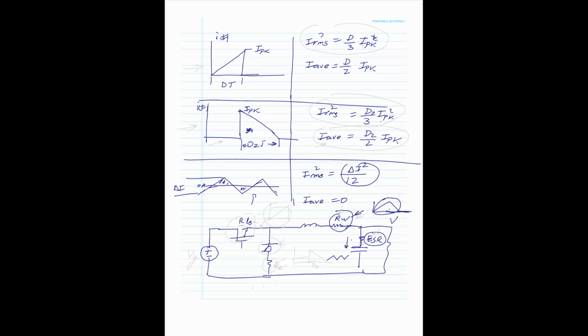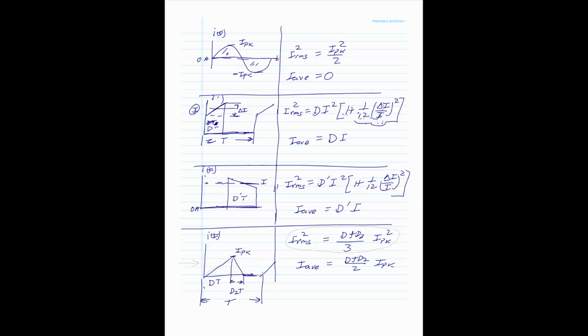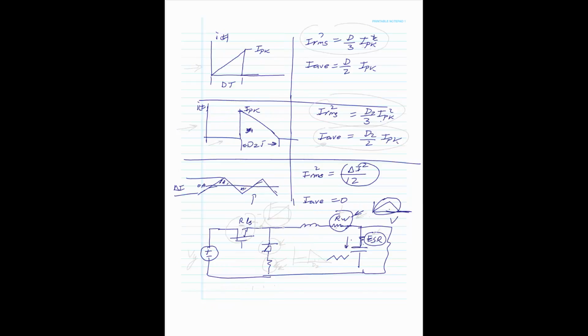And that waveform was back in this figure right there. Up, down, flat. And there's the RMS current of that waveform. So we come back into the circuit and we stick that RMS squared into here to solve for the power dissipation here.